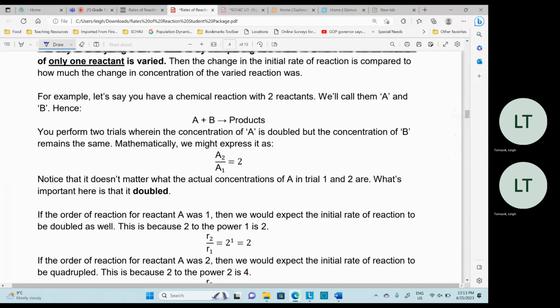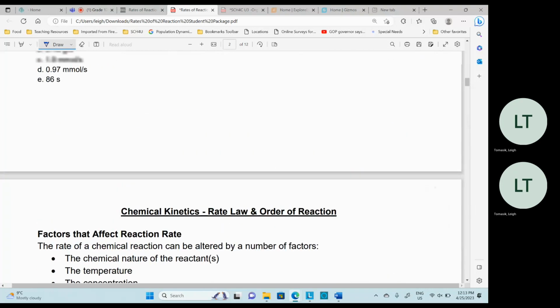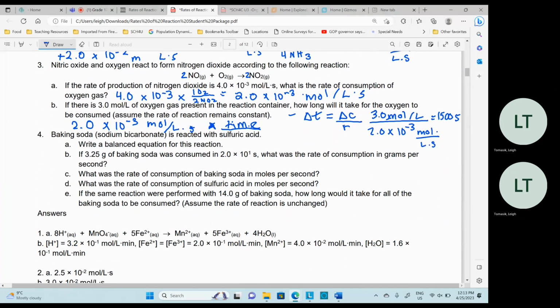Okay, so what else do we have here? Baking soda is reacted with sulfuric acid. It says write a balanced equation for this. So baking soda, sodium bicarbonate, which is NaHCO3, plus sulfuric acid, H2SO4.